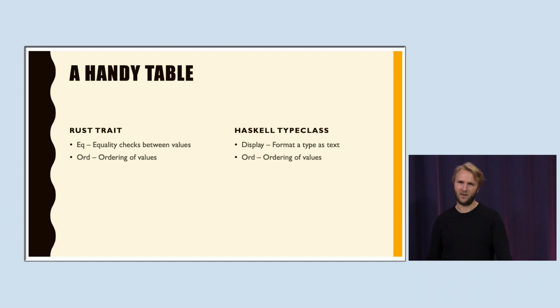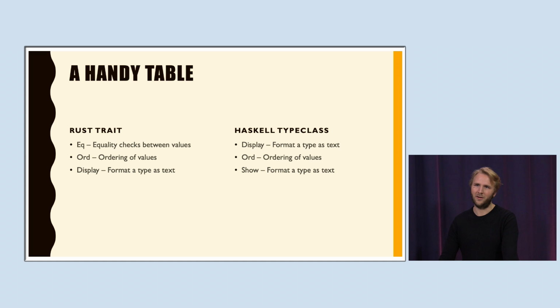And ordering, essentially Java's Comparable, is handled by Ord in both languages. But Rust finally decided to make a strong statement of independence and decided to name the string formatting trait Display rather than Show. Take that, Haskell.